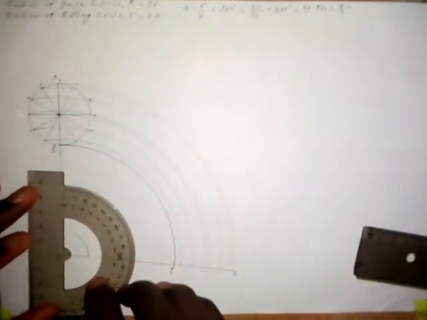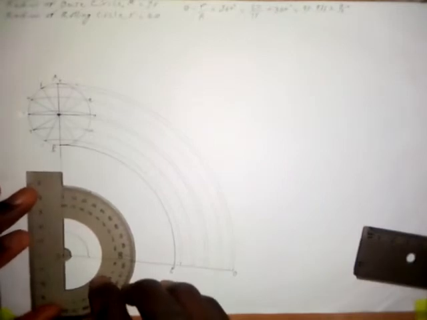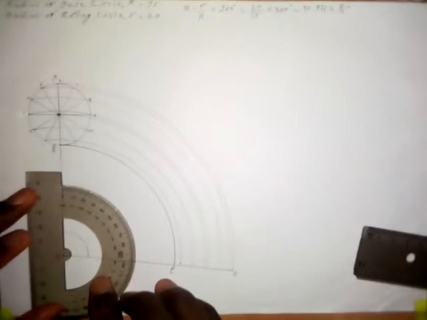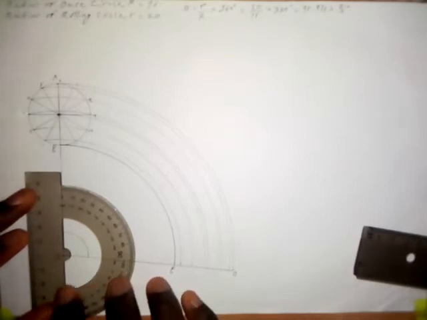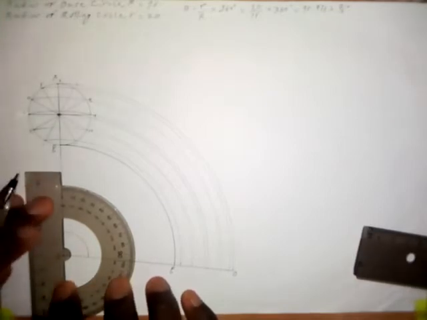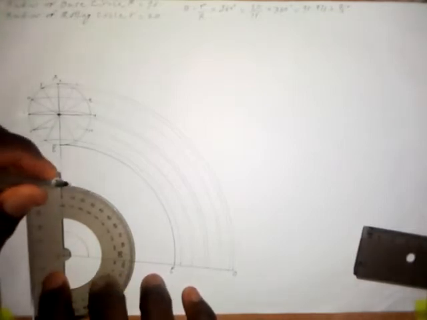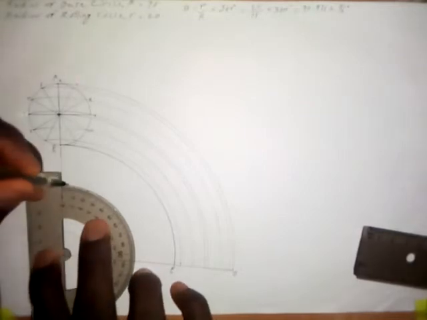So set your protractor at this point O like this, and take 8 degrees. This is the first 8. Just put a dot on the paper.